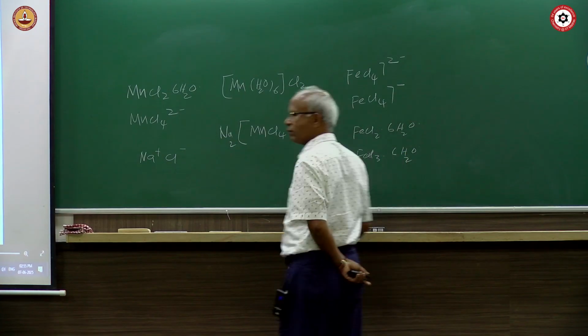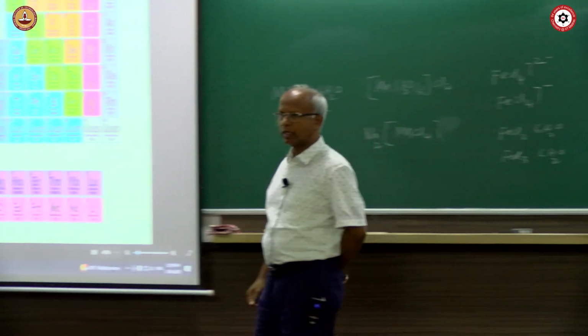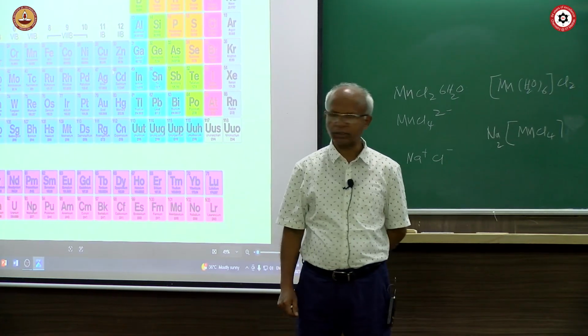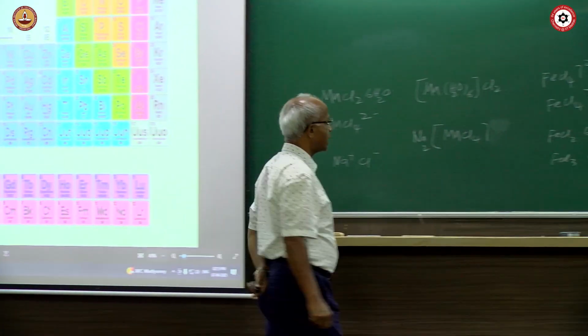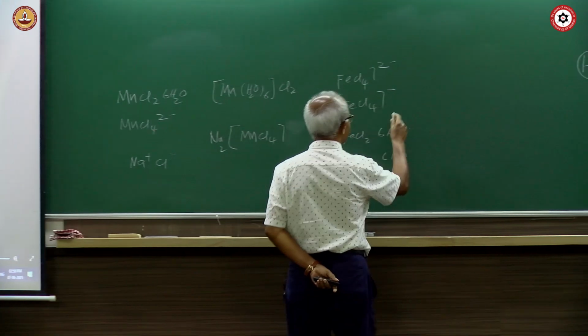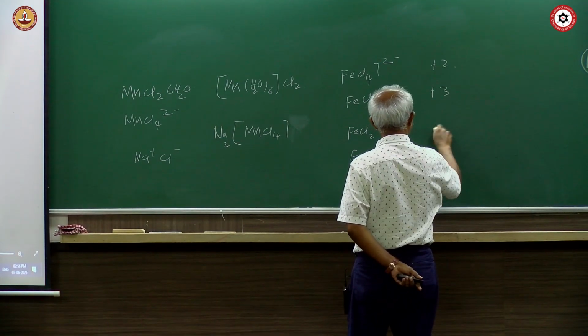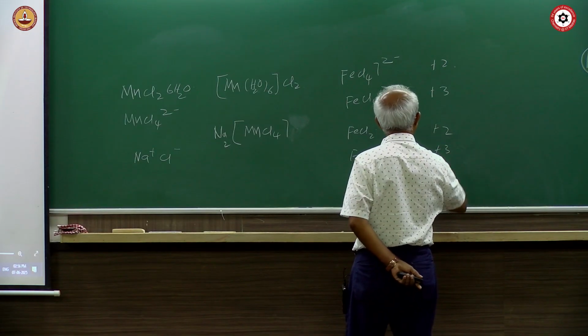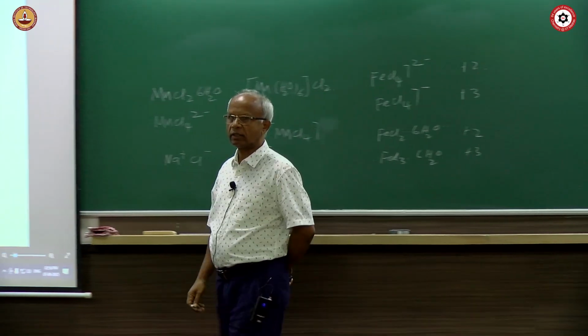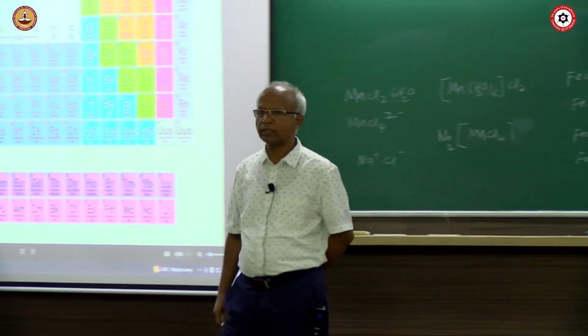So I can write varieties of compounds for iron with +2 and +3 oxidation state, right? So in this case, iron is in the +3 oxidation state, and in this case is +2 and +3. So like you said, the most common oxidation state for iron is +2 and +3.